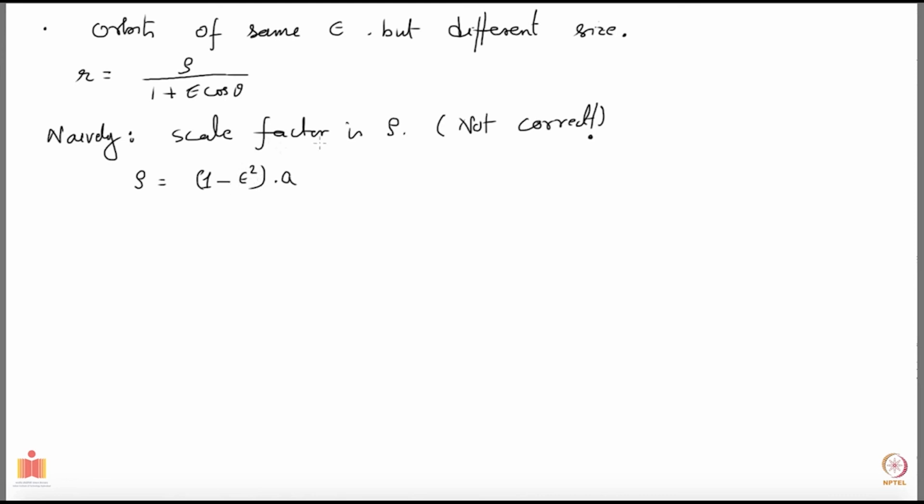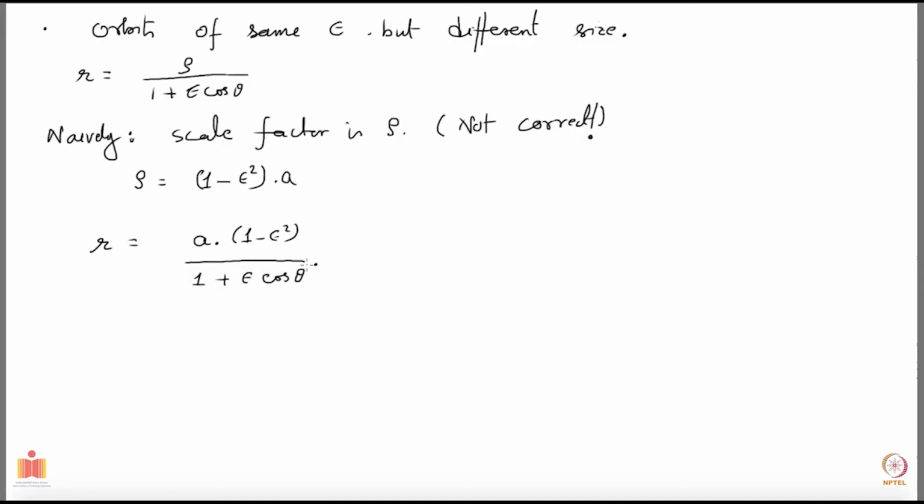And that is what I was saying, what is wrong in our naive expectation. So my r is a times 1 minus epsilon square over 1 plus epsilon cos of theta.